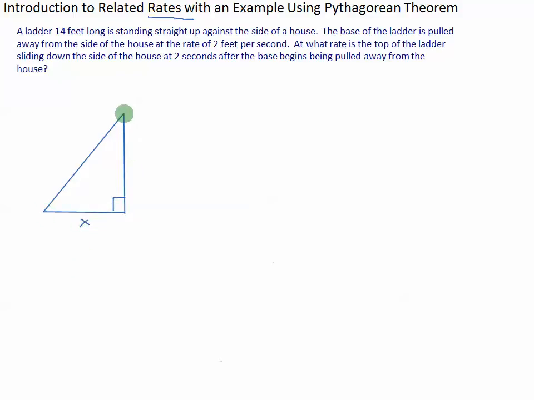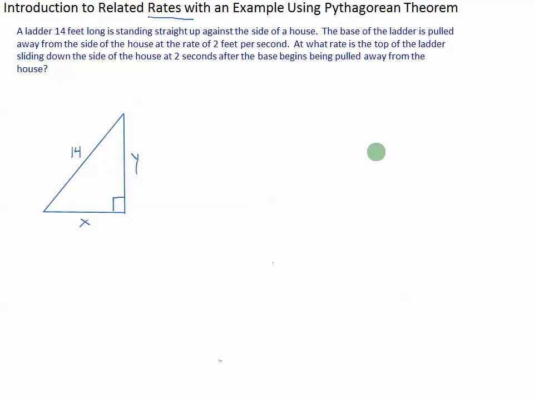And the distance the top of the ladder is from the ground, let's call that y. Now notice both of these things are changing with time. So in our picture, the things that are changing with time we will label with variables. Now we have one more piece of information, and the ladder is 14 feet long, so this is a constant. So this thing's not changing, so I'll just label it that way.